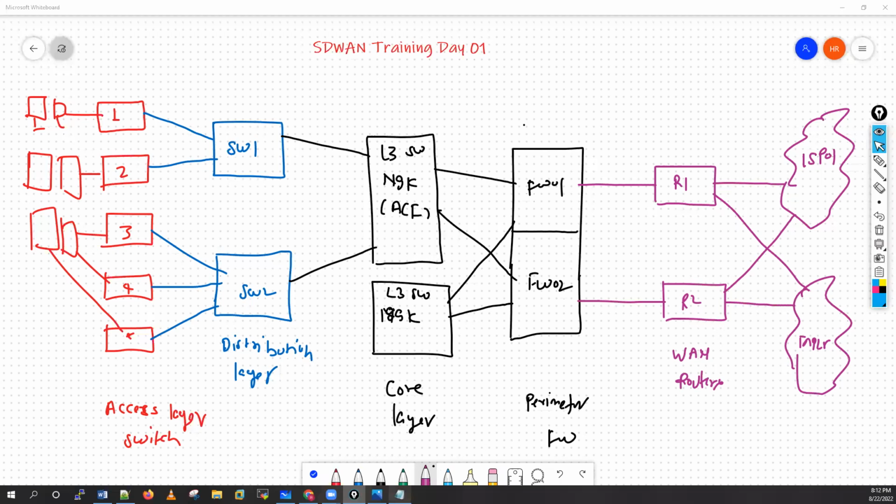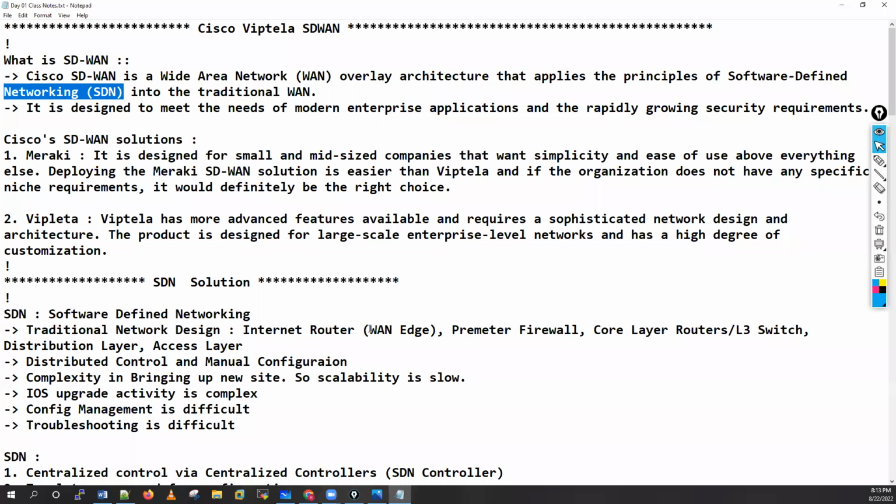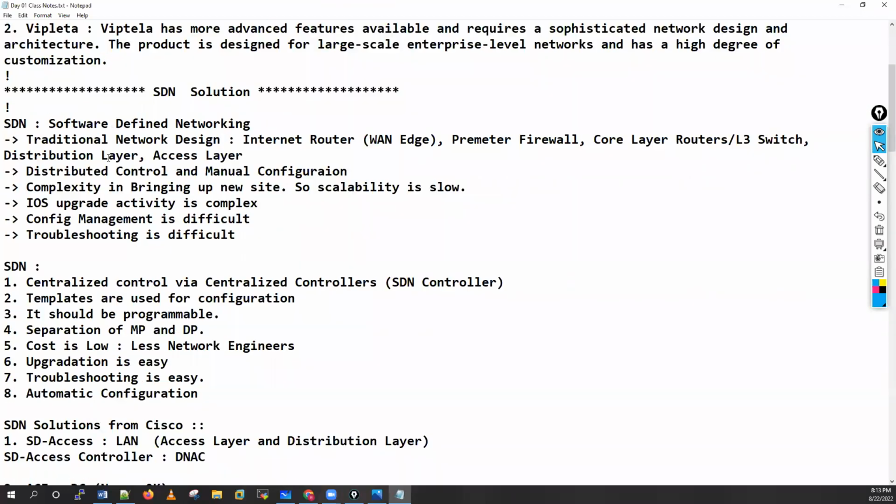Now, let me just explain here one more time. SDN stands for software defined networking. In traditional network design, we have these WAN routers or these WAN edges, right? These are the routers which connect you with the internet service provider, maybe with the MPLS or maybe with the internet, right?